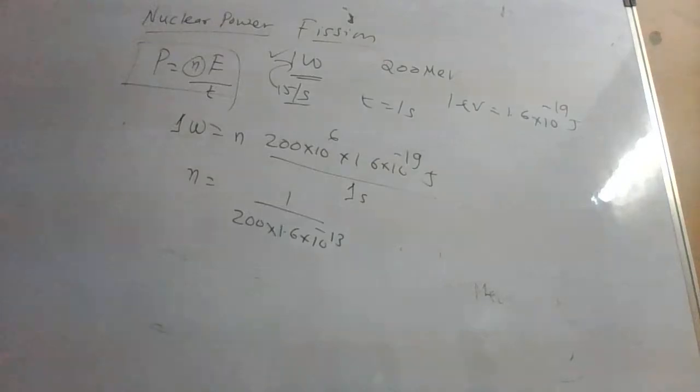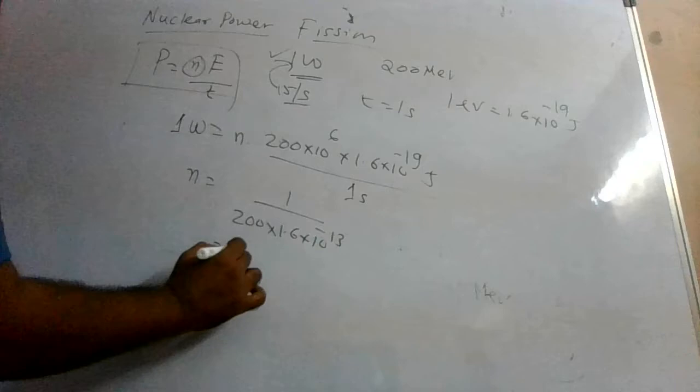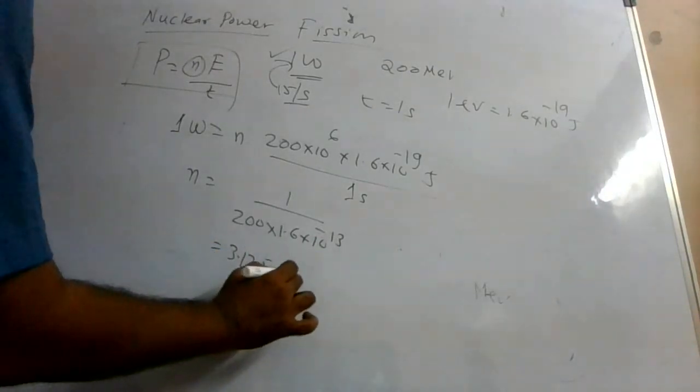If you calculate this, it is 3.125 into 10 to the power of 10.